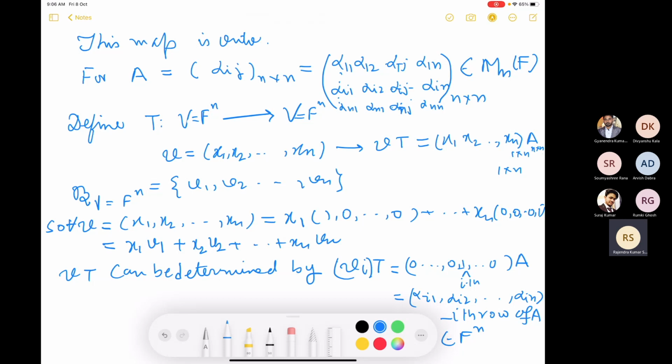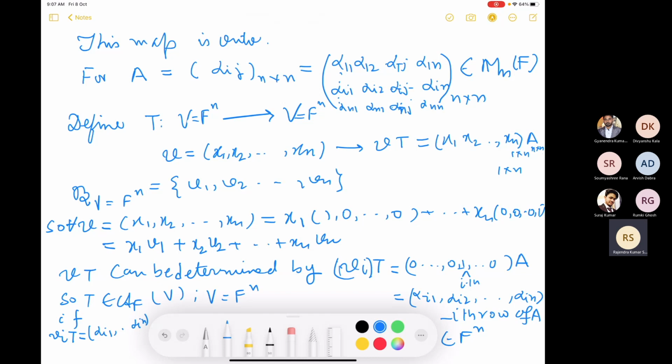So T is a linear transformation if you define VIT to be like this. T is a linear transformation here on V, where V is Fn over F. If you define VIT as just now, the ith row, alpha i1 up to alpha in, then this is a linear transformation that can be determined using this.